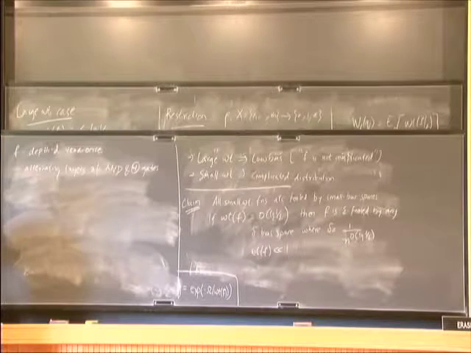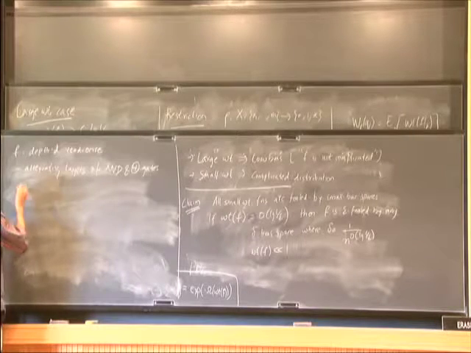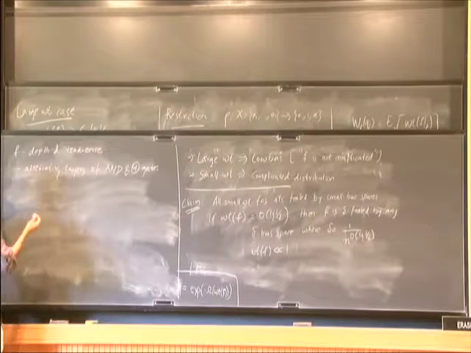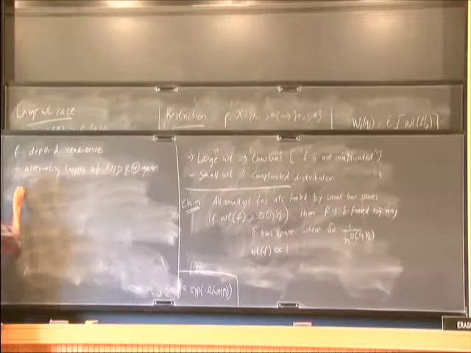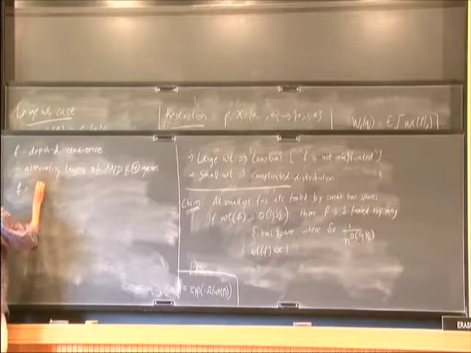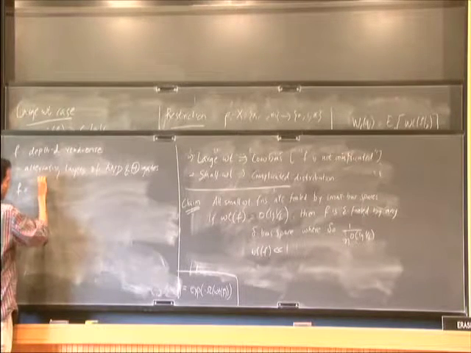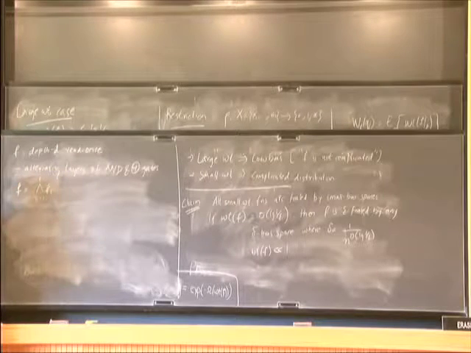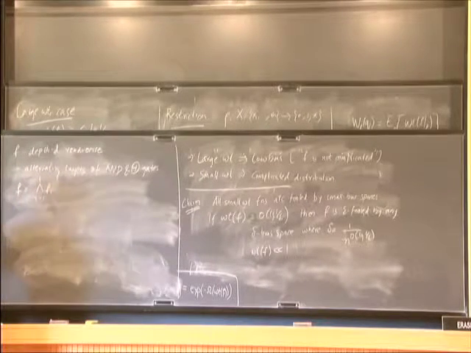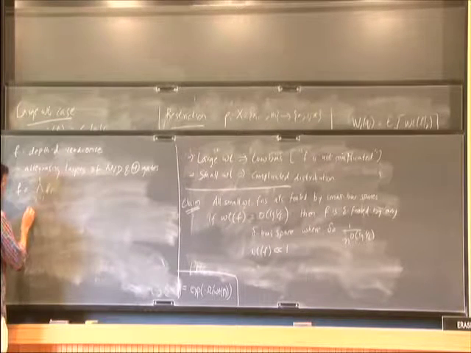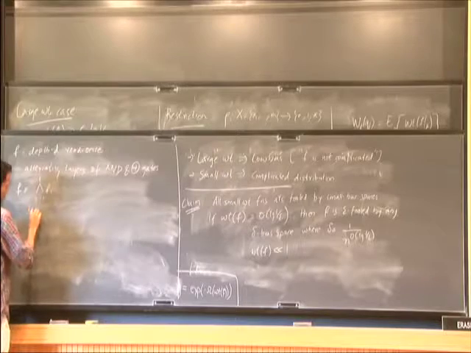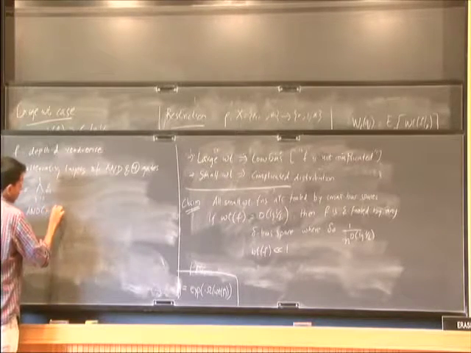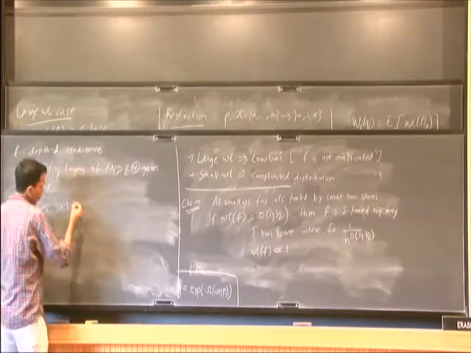Okay. So now, the top gate, the output gate of f, could be an AND or a parity gate. Let's look at the case when it's an AND gate. So f is an AND, and these guys have parity gates as their output gates. So what do we do in this case? Well, it's easy to see that the AND of x1 to xt is a low L1 norm function.